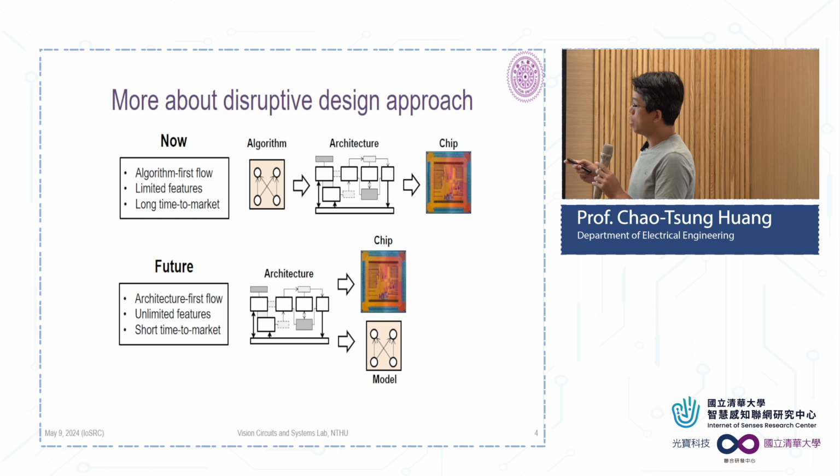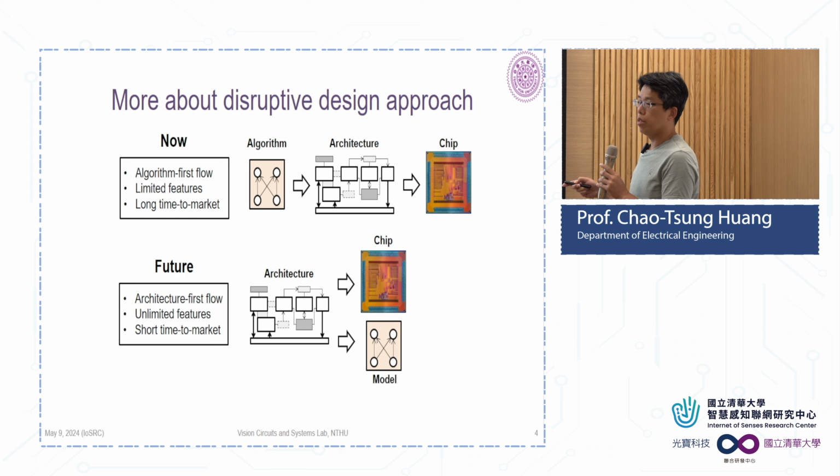And the chip implementation team can also do their APR in parallel with the model training. So in this case, we can have unlimited features because we can define the features when we train the model. We can also have a short time to market. So in this case, in my opinion, computing architecture will be more important than it is today.